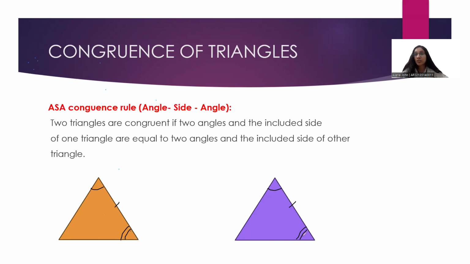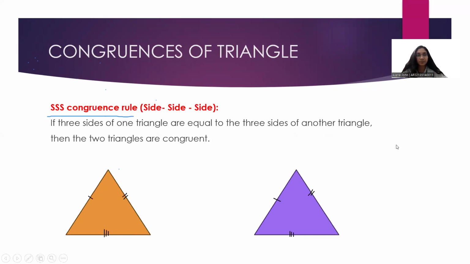Then the side which should be equal is the side in between these two angles. This side should be equal to this side. Then we can apply the ASA congruence rule and say that these two triangles are congruent. Is this clear? Okay, so this is our second congruence rule. Let's move on to the next one.